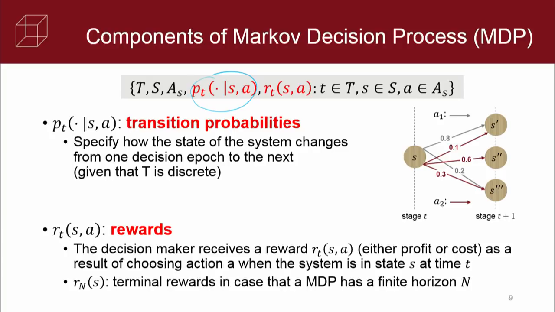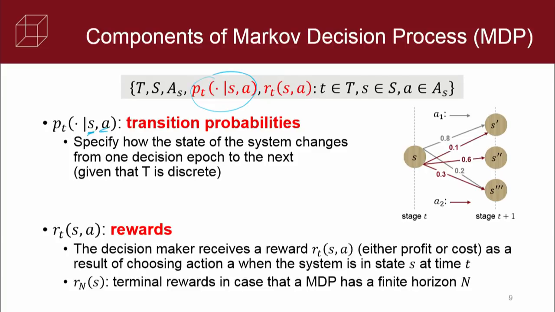So in the Markov decision process, we also have a similar transition probability. It depends on not only the current state, but also the action the decision maker takes. This transition probability specifies how the state of the system changes from one decision epoch to the next.